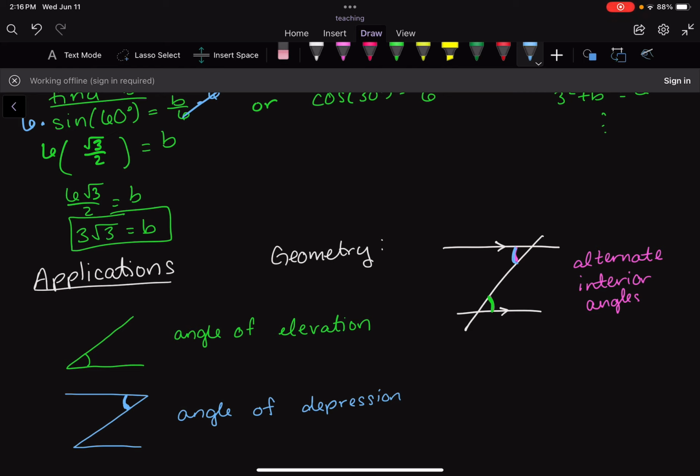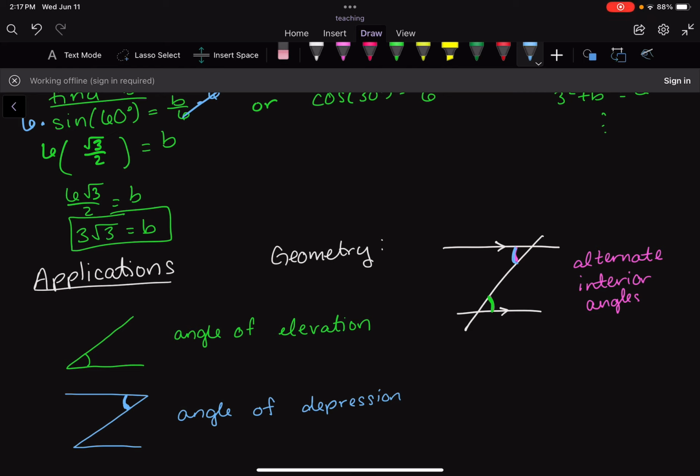So this one, imagine you're looking straight and then you look downwards at something. So let's say you are walking and then you see something on the ground. You're going to look slightly downwards at that thing on the ground. So when you're going from like eye level to then looking downwards, that movement there is an angle of depression.